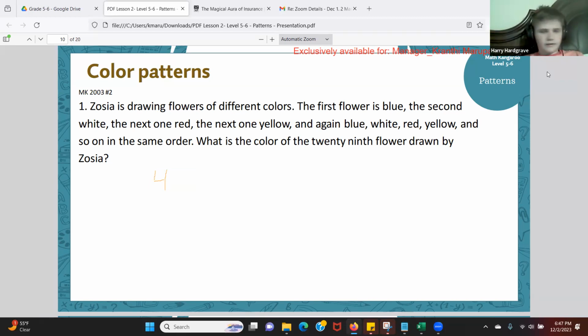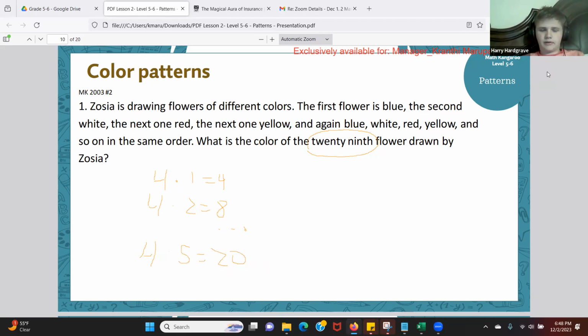The second thing I want to determine is how close our goal number, which is 29, is to a multiple of 4. So I would see 4 times 1, which is 4, 4 times 2, which is 8, and so on, until I get to something like 4 times 5, which is 20. That's a lot closer.